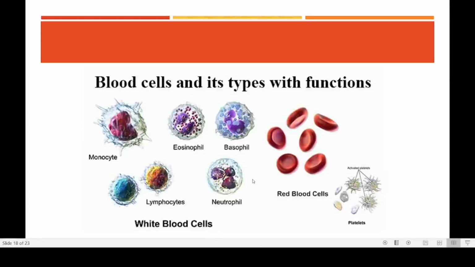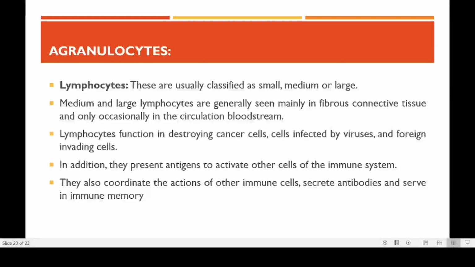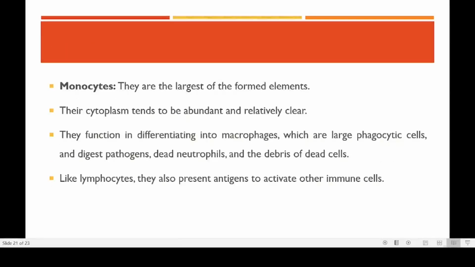If you look at a monocyte, the easiest way by which we can identify a monocyte is that monocytes are kidney shaped cells. So that is the best. They have a kidney shaped nucleus, and they are larger cells. So these are the peculiarities of the monocyte. Now if you look at it, their cytoplasm tends to be abundant.